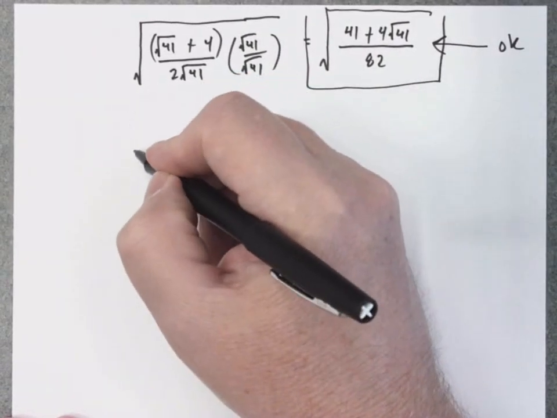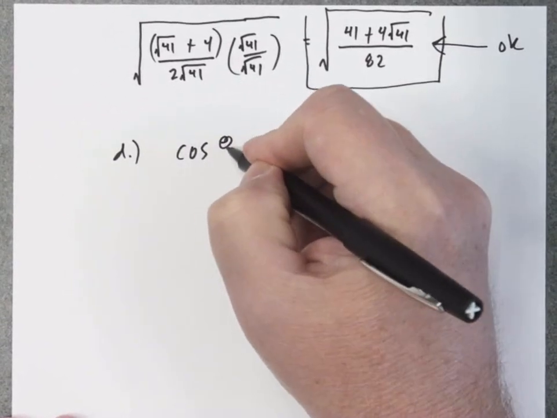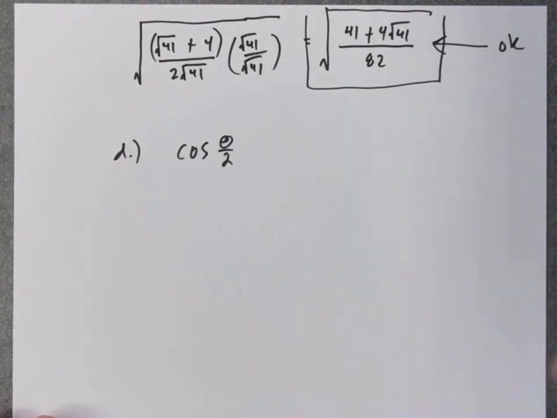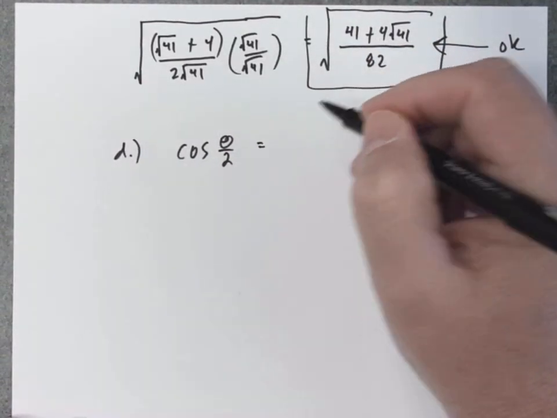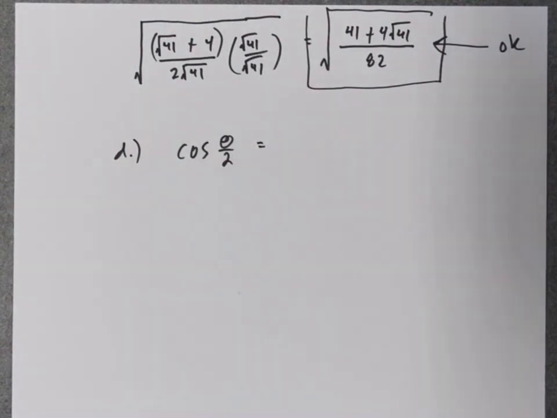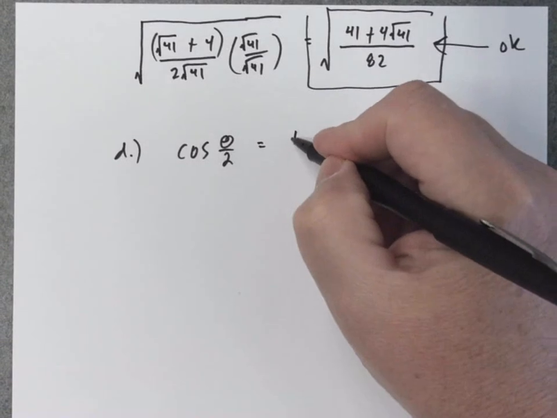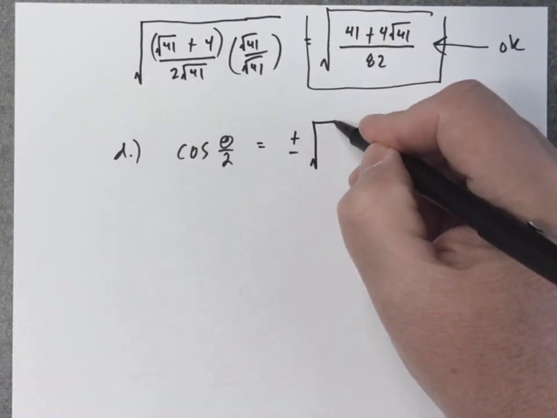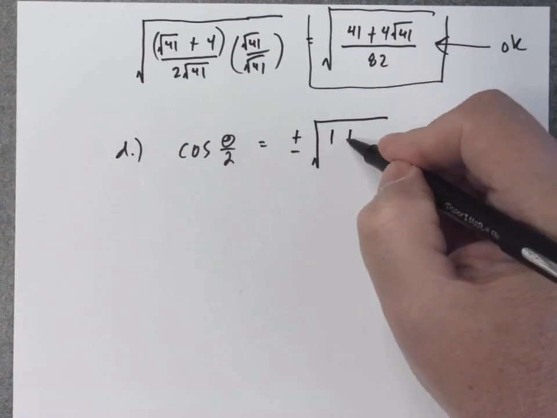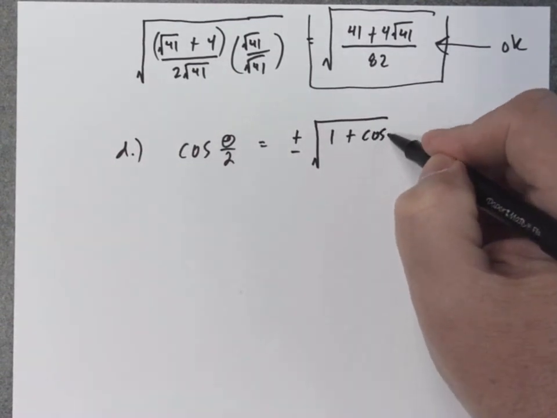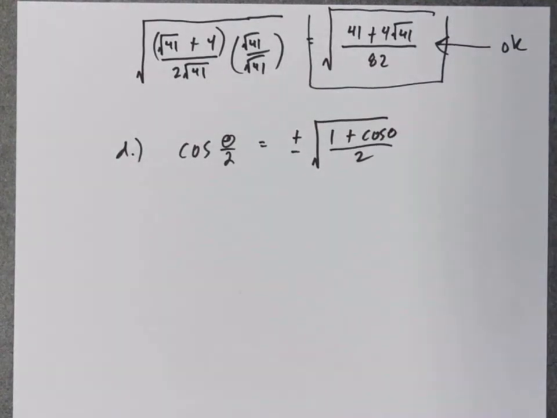So now there's one more part, part D. They want the cosine of the half angle. Now, the formula for the cosine of the half angle is plus or minus. It looks like the sine, except the one difference is I add here instead of subtract.